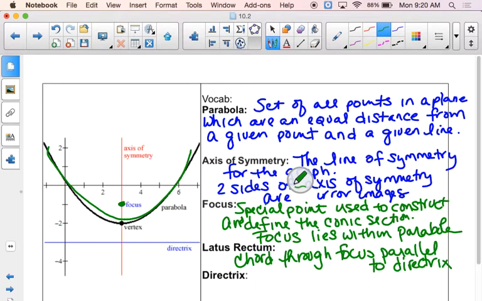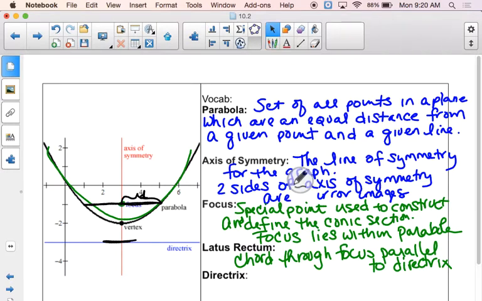So for instance, on this particular graph, the focus is here and the directrix is down here, and so it's parallel. What it ends up doing is giving us the distance from the focus to the edge of the parabola.